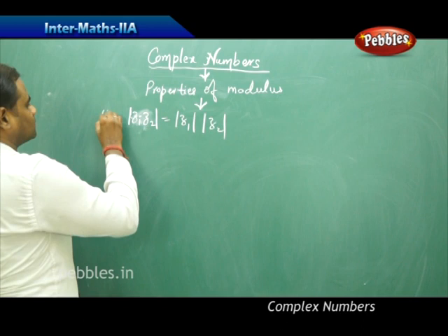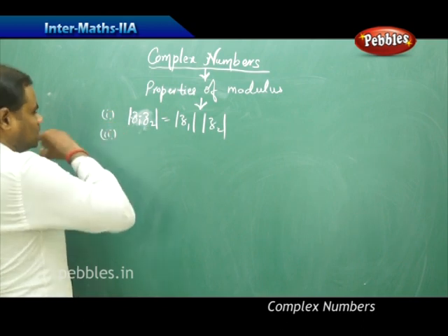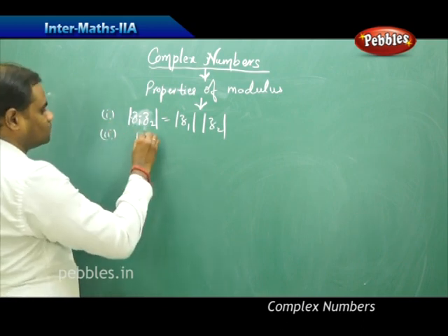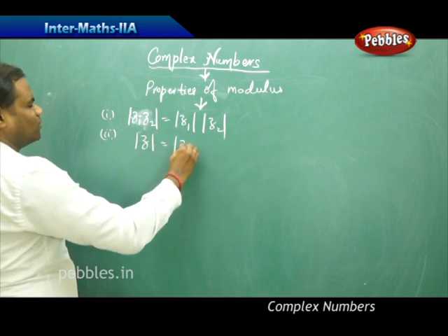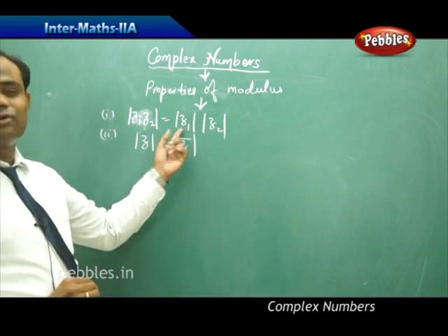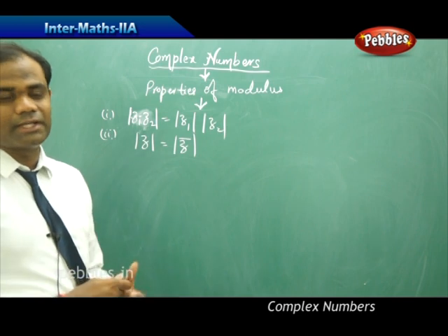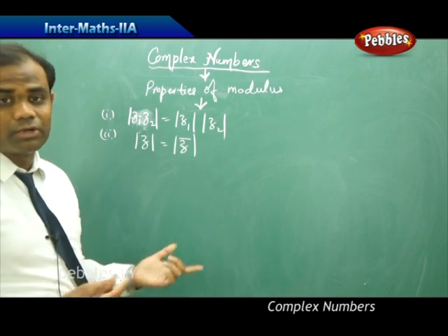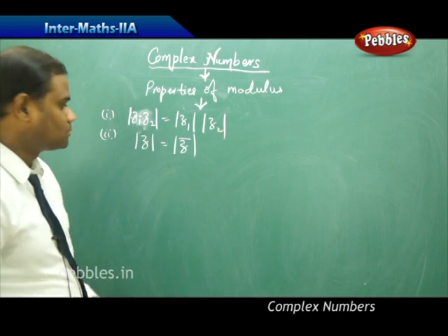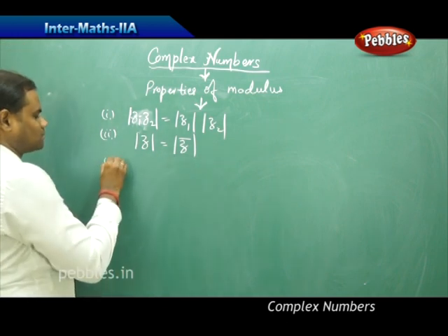And similarly, mod of z is always equal to mod of z conjugate, that is, for a complex number and its conjugate, the modulus is always same, is how we understand this.